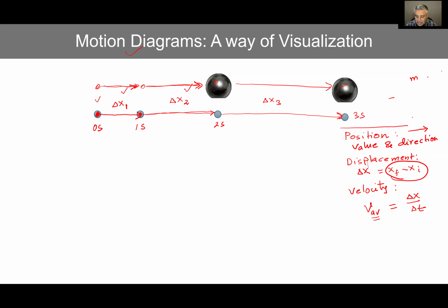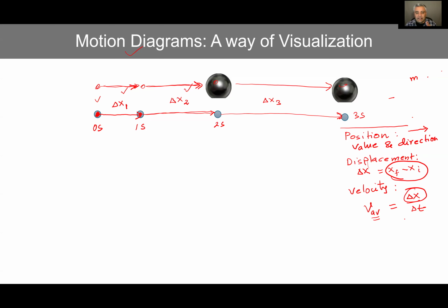Now think about velocity. Velocity is displacement divided by time. And by the way, when an object just keeps moving in the same direction, the value of displacement and distance are the same. Distance and displacement will be different in value if the object turns around and changes direction.